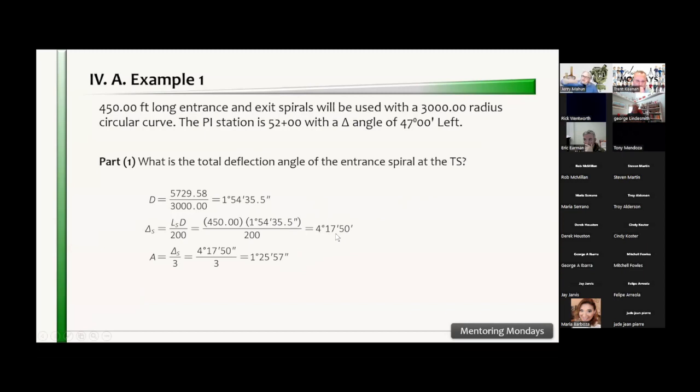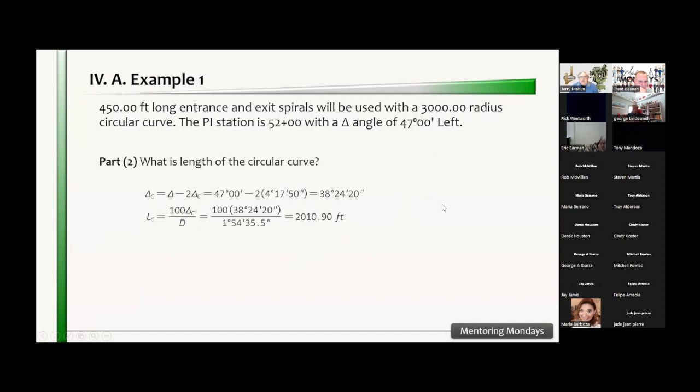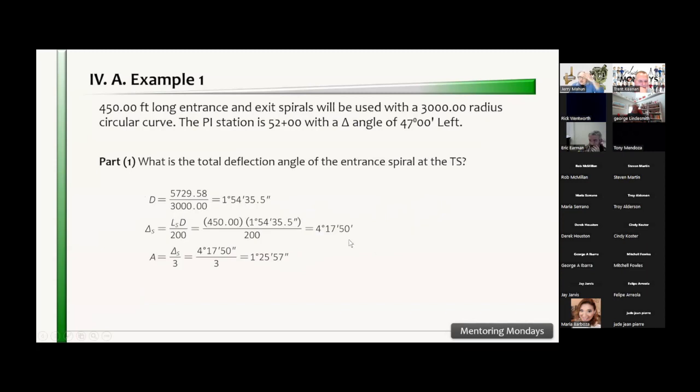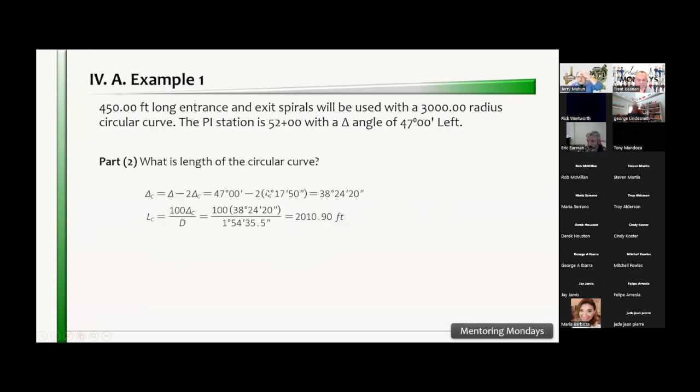At the other end, it's 2/3 of the spiral angle. Right. So the next one is, what is the length of the circular curve? Well, now that you know this angle, you subtract twice of that from the delta angle to get the central angle of the horizontal curve. Then once you've got the delta angle of the horizontal curve, you can use the regular curve length equation to compute the length of the curve.